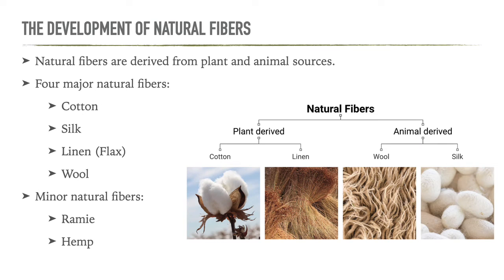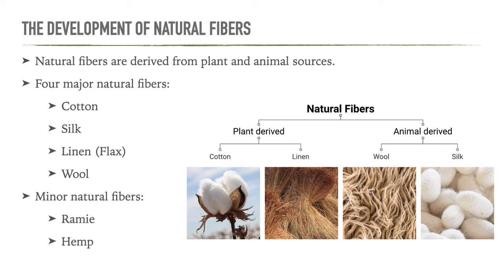The development of natural fibers. Natural fibers are derived from plant and animal sources. There are four major natural fibers. We have cotton, silk, linen, also known as flax, and wool.